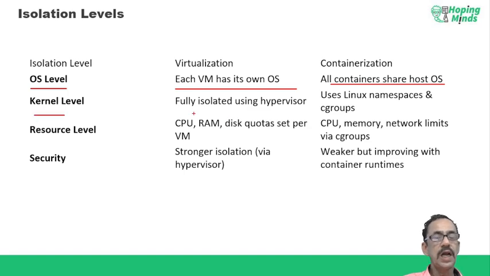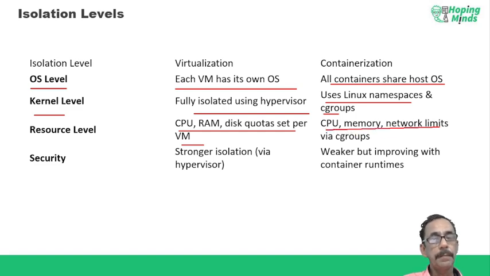At the kernel level, VMs are fully isolated by the hypervisor, but containers use Linux namespaces and cgroups. At the resource level, CPU, RAM and disk quota are set per VM, while for containers memory, CPU and network limits are all managed via cgroups. VMs have strong isolation via the hypervisor, while containers are weaker. It is not as strong now, but improving with container runtimes.